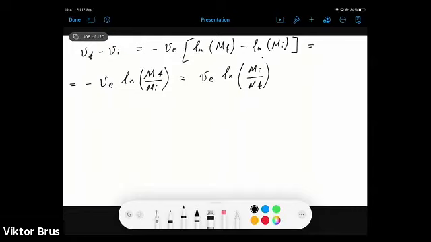So this is the equation we were looking for, and it gives us the relationship between these quantities, so we can write here that this will be our V, so we can call it VR, velocity of the rocket.